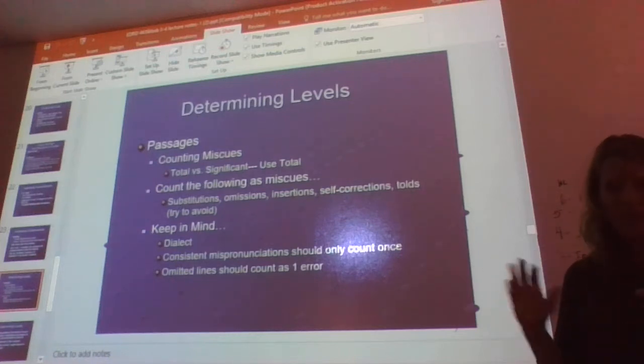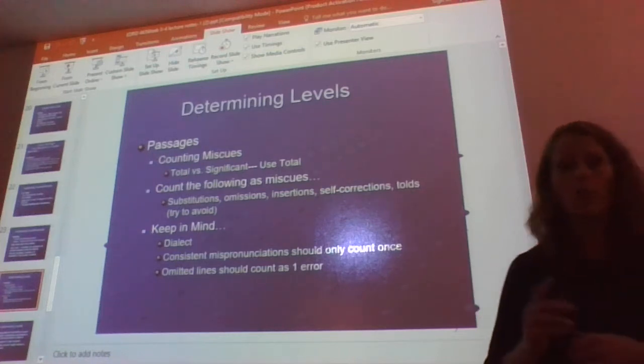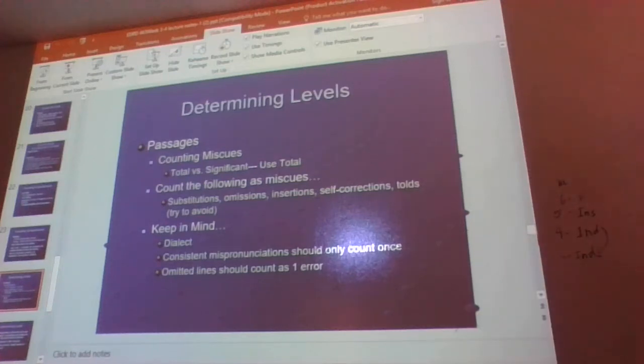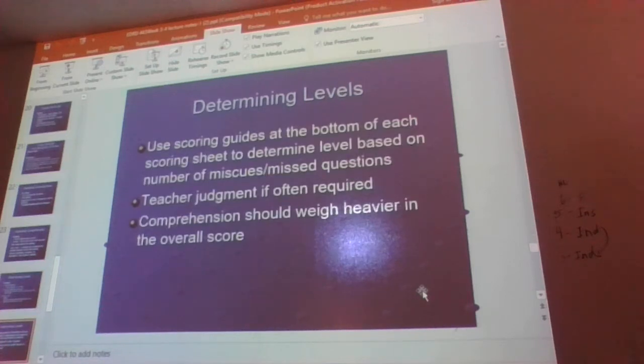But in this 100-word passage, we will only count it once against them as far as an error goes, and that will not skew their score terribly much for one word that they missed. So you're going to look at the scoring guides at the bottom of each scoring sheet based on number of errors, and then you're going to have to use some teacher judgment. Comprehension is going to weigh a little more than the word reading.